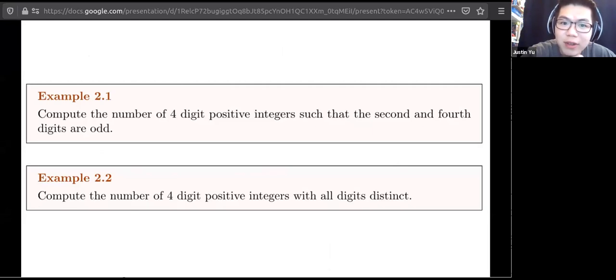I won't really be whiteboarding this because they're simple enough. Another name for this section is just exploiting some sort of symmetry.